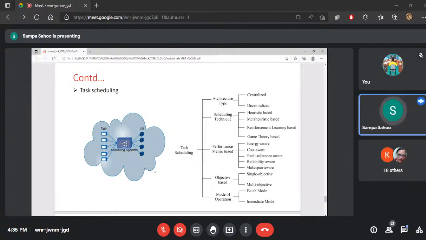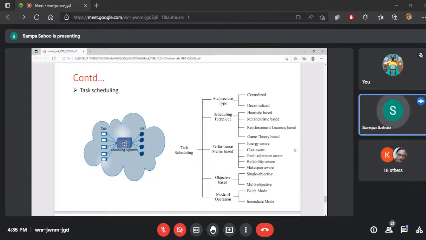Scheduling algorithms can be of different types depending on the purpose for which you are designing them. For example, considering the architecture, you can design a centralized or decentralized scheduling algorithm. The scheduling techniques can be heuristic based, metaheuristic based, reinforcement learning based, or game theory based.